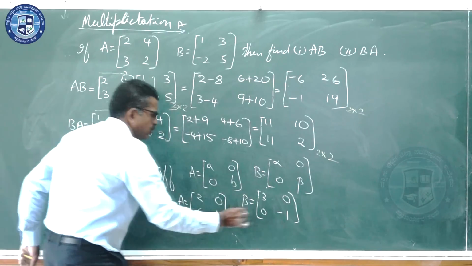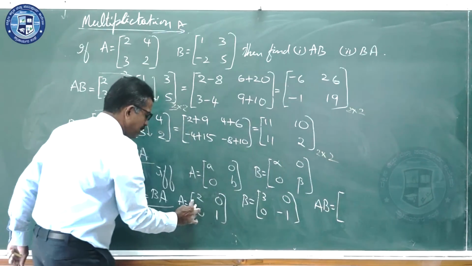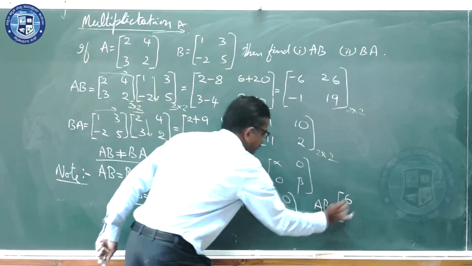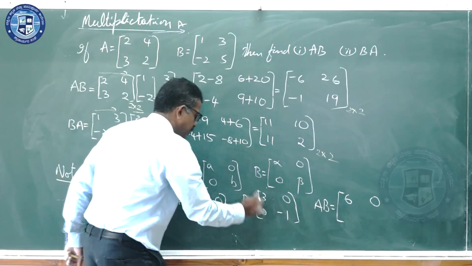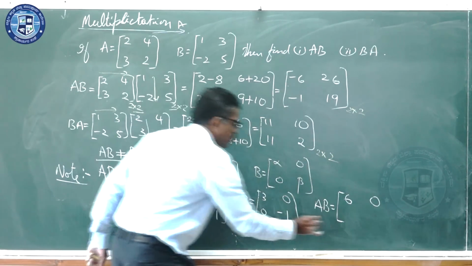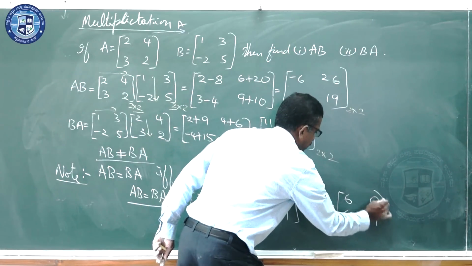Without wasting time, let me find AB. A into B: this into this is 6, this into this is 0, this into this is also 0, and this into this is minus 1. That's AB.